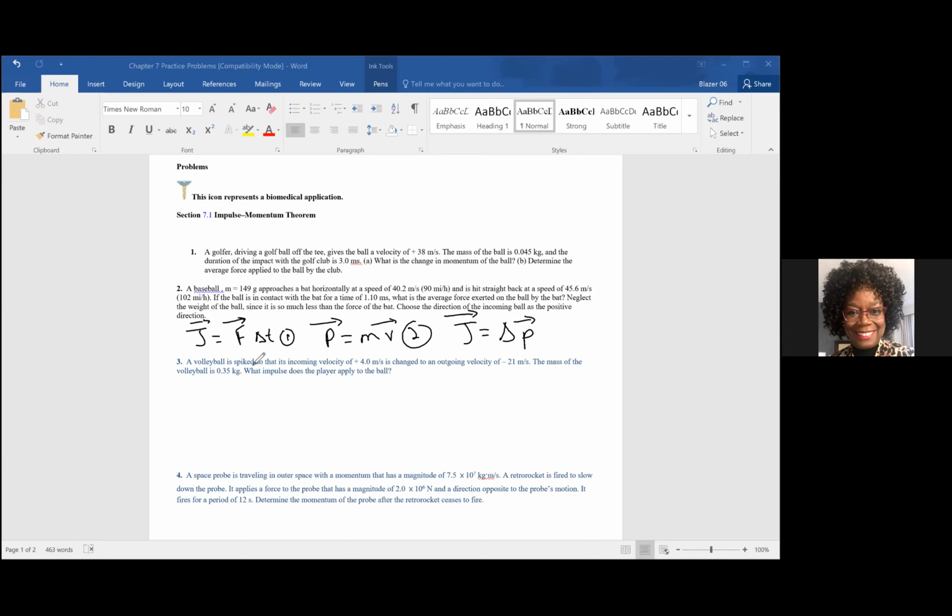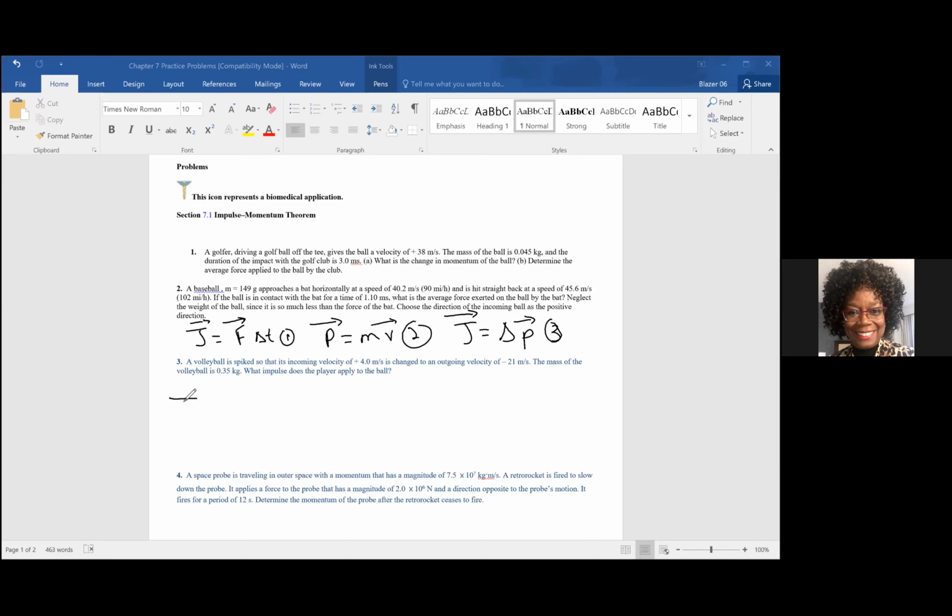But since we're not given the force and the time, we're forced to use equation 3, because equation 3 tells us that the impulse is equal to the change in the momentum. And since we're able to calculate the change in the momentum, then we're able to calculate the impulse. So that's where you start.